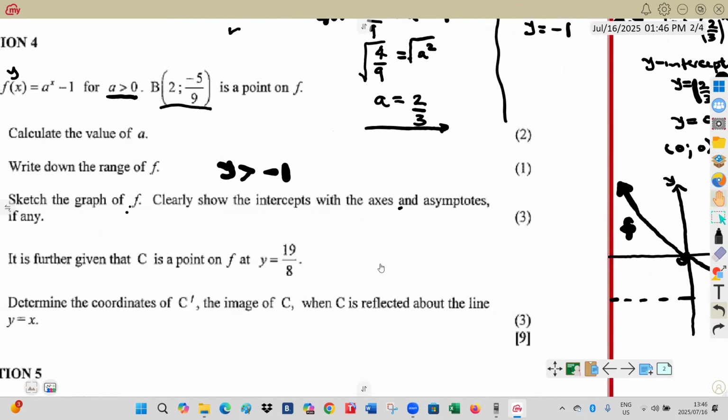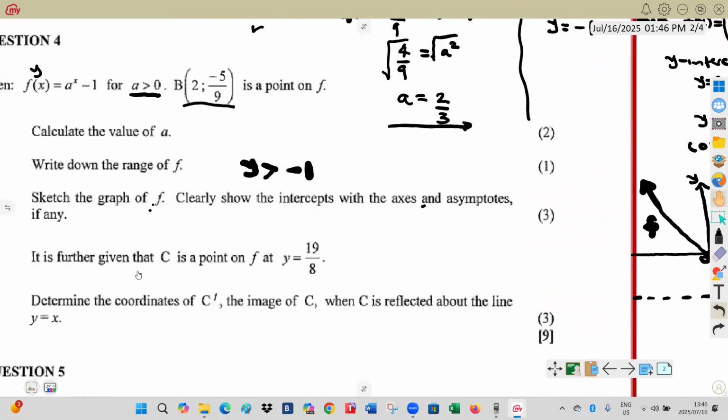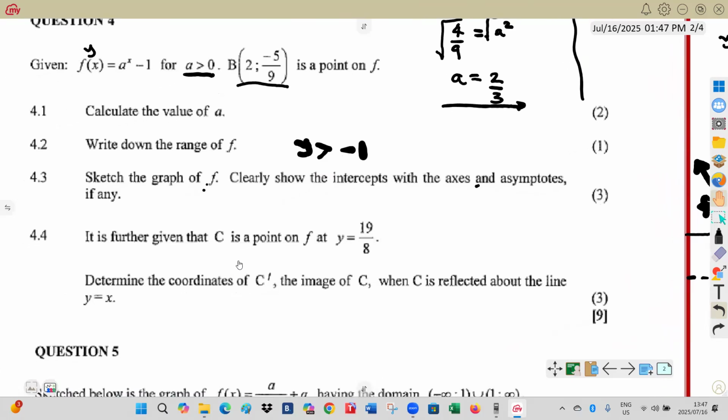There it is. Then it is further that C is a point on f at y equal to 19/8. Determine the coordinates of this image when C is reflected about the y-axis.